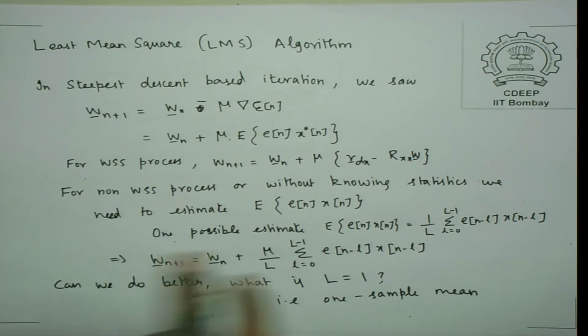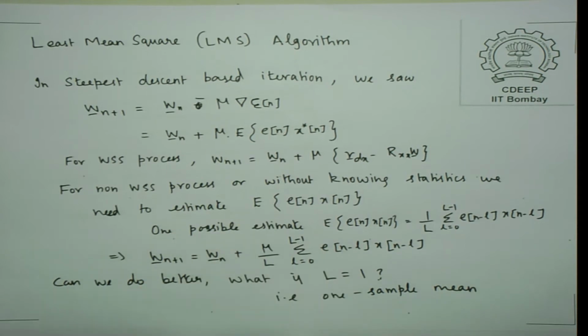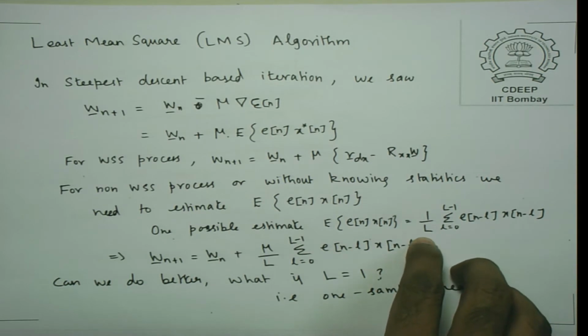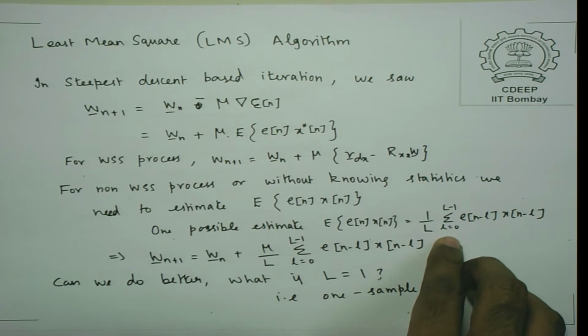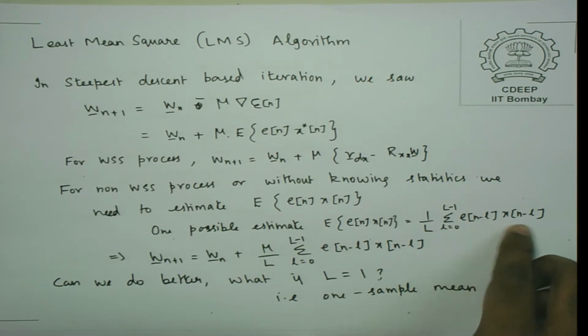One possible approach, or an estimate for this expectation, as is very common and very popular, is the sample mean. What is the sample mean? We just have to agree on a certain number of samples to obtain the mean, and as in other cases, we will just do sigma over l equals 0 up to L, e of n minus l and x of n minus l.